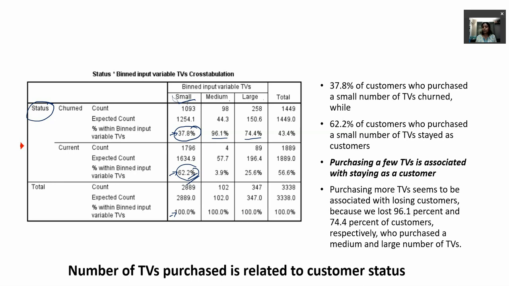If a larger or medium number of TVs is purchased, then we tend to lose those customers. So this is the analysis and the interpretation with respect to the cross tabulation.